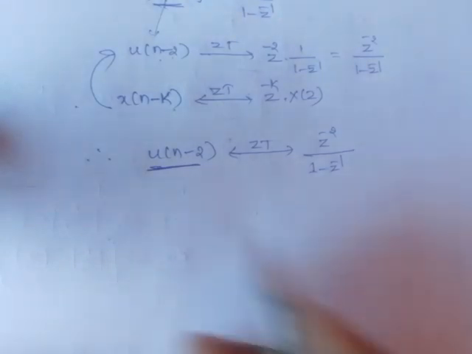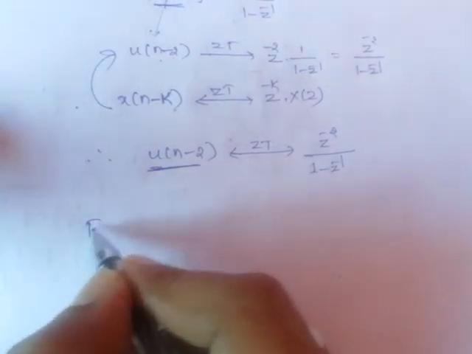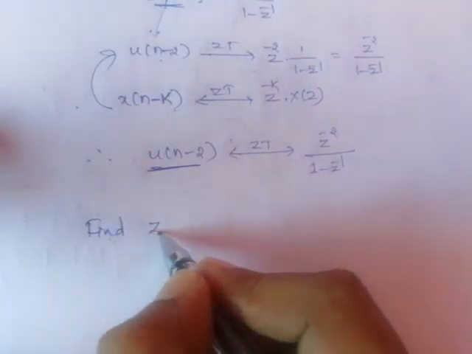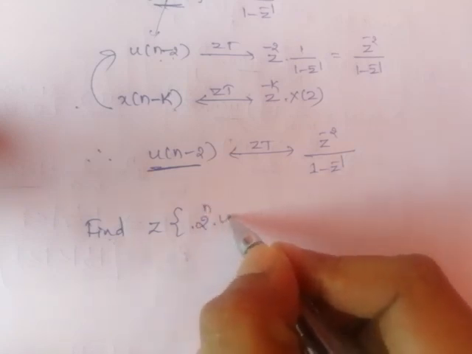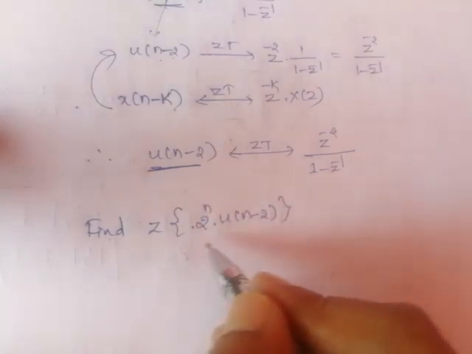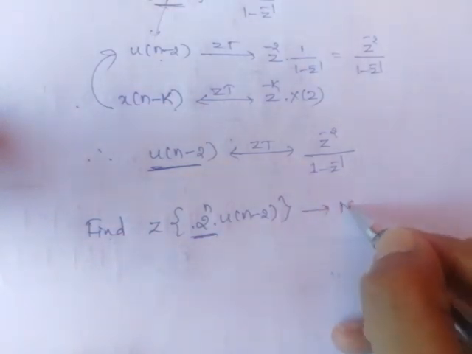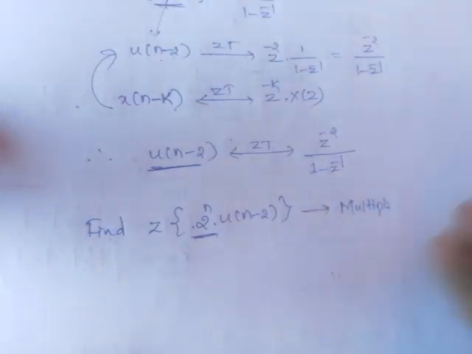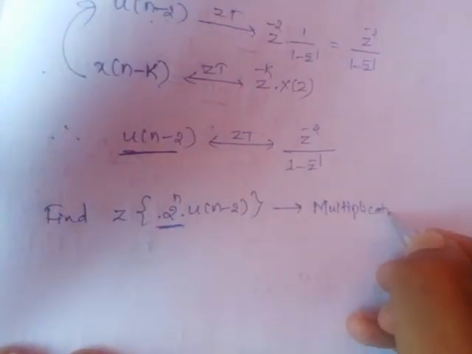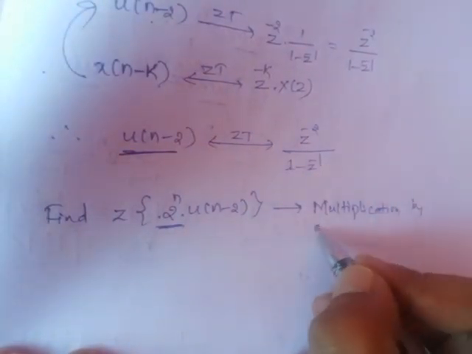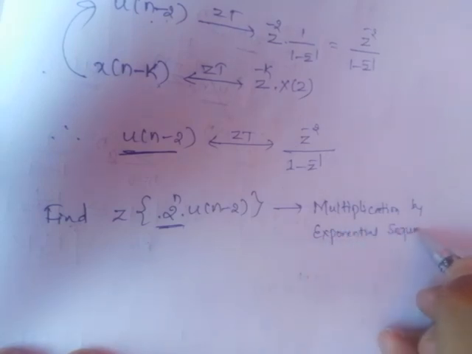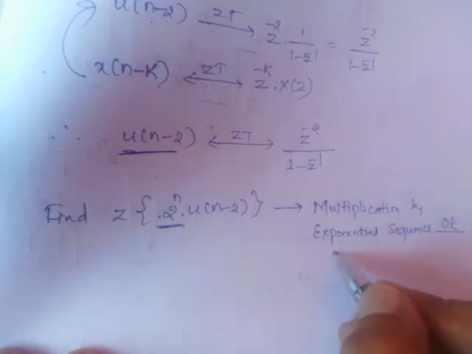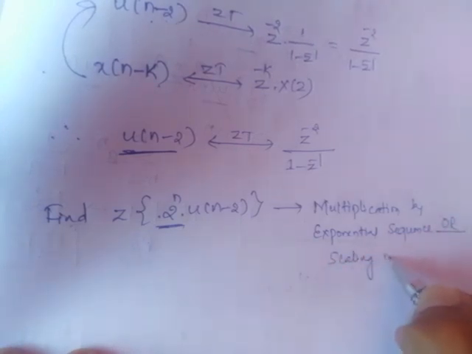That property is called scaling in Z domain, or multiplication by exponential sequence. Let me recall the property.